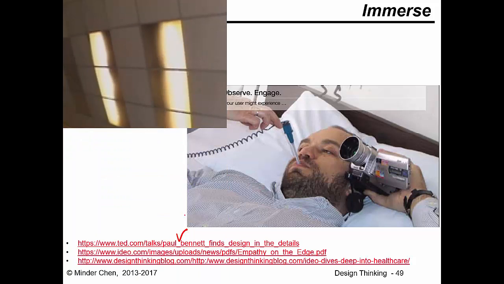And when he played the video, to some people's surprise, this is what he was seeing. It's basically just the ceiling of the patient's room. Most of the time, the patient is seeing just the ceiling, with bright light.